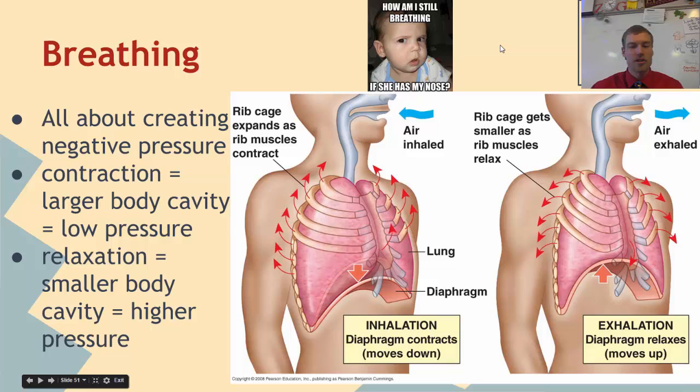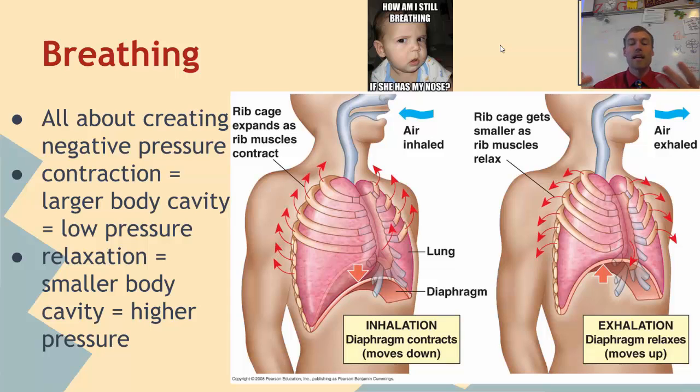Now, how does breathing actually occur? Well, breathing occurs as the diaphragm contracts, it moves down. And as it moves down, it is going to increase the volume of the body cavity. And as it does that, it is going to cause a decrease in pressure. Why? You now have a larger volume, so the pressure is going to decrease. What that does is it pulls in air from the surroundings, from the environment.